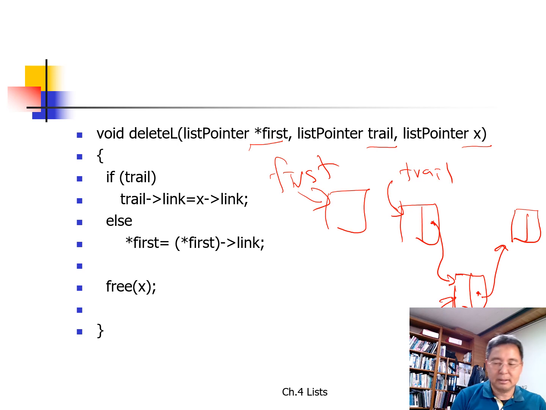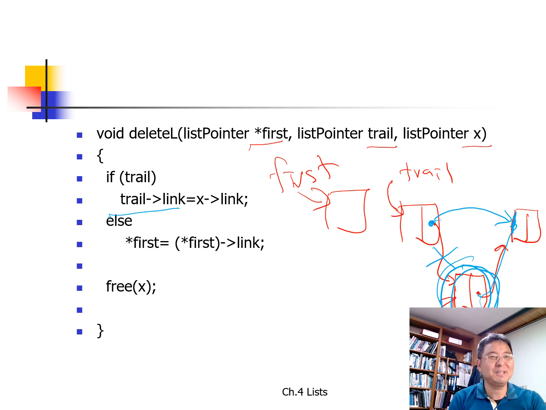Then I want to delete this X. Then I can adjust the link of trail, the link of trail as access link, this one. Okay, this one will be assigned instead of this one. Then this X becomes garbage immediately, because there is no access method to this memory space. Okay, that is the delete function.